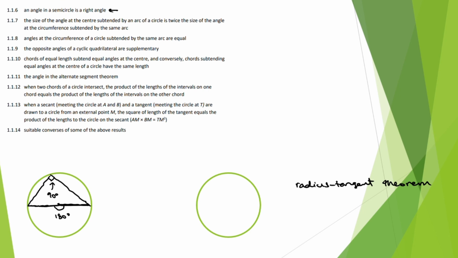So the radius-tangent theorem says if I have a tangent here, and it makes one point of intersection with the circle there, and I have my radius of my circle down to that point of intersection of the tangent, then this angle must also be 90 degrees. Okay, so the angle formed by a tangent and a radius to the point of intersection of the tangent with the circle will always be 90 degrees.